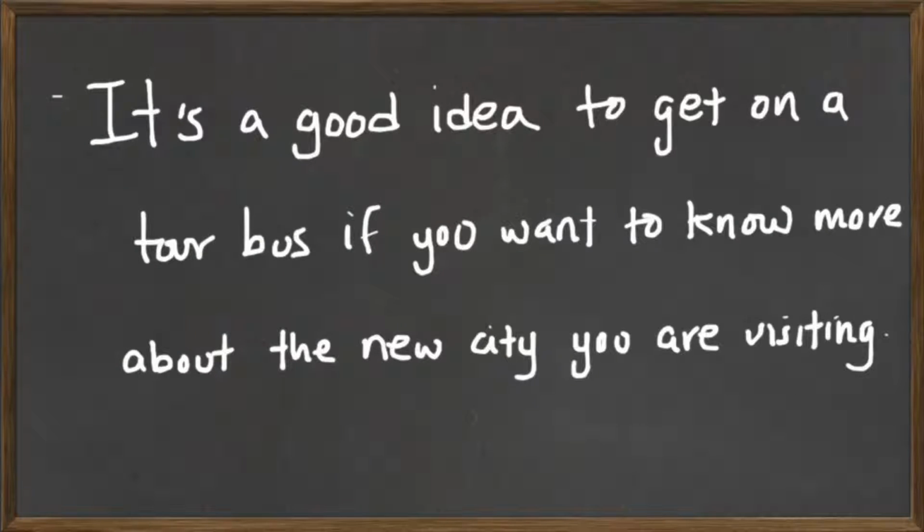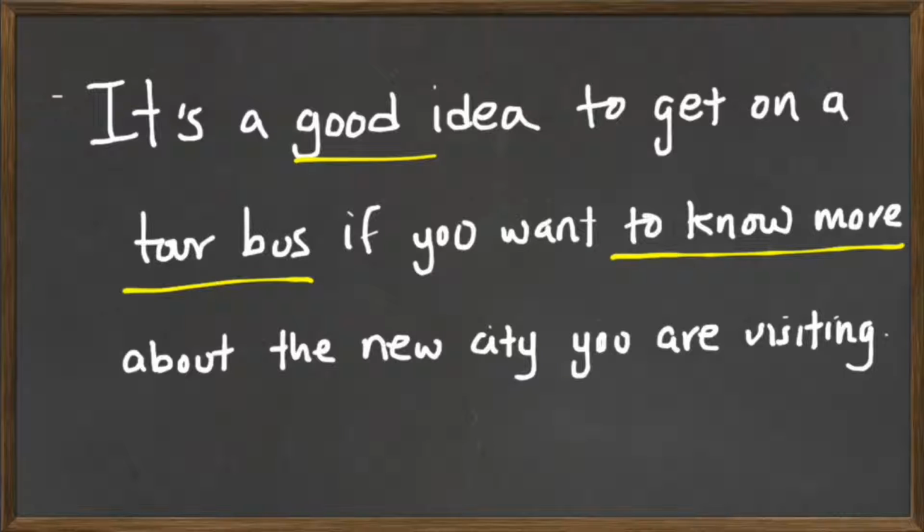Now here I have an example using the vocabulary. It's a good idea to get on a tour bus if you want to know more about the new city you are visiting. So here's the word and the explanation why it is a good idea to use it.